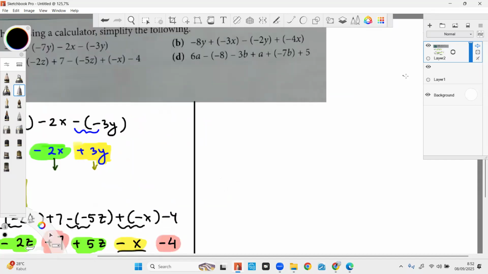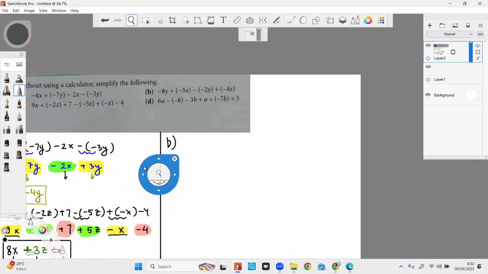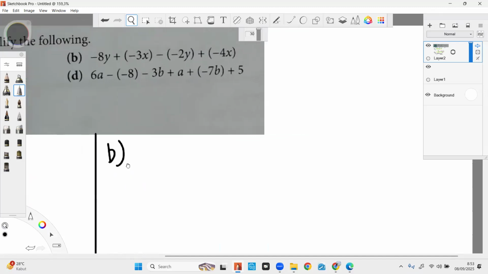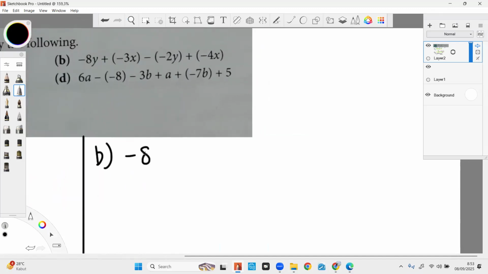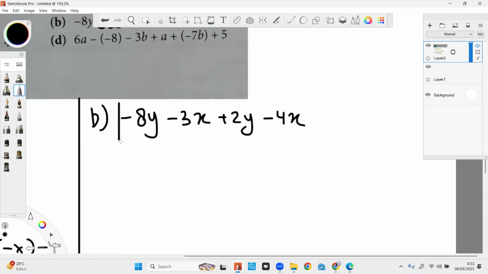So for questions B and D, I think you don't have to write or color all the terms. You need to break it down more with mental math. Negative 8y minus 3x, right? Plus 2y minus 4x. Okay, now what are the like terms? Negative 8y and positive 2y, right? Negative 8 plus 2, negative 6y. That's all.